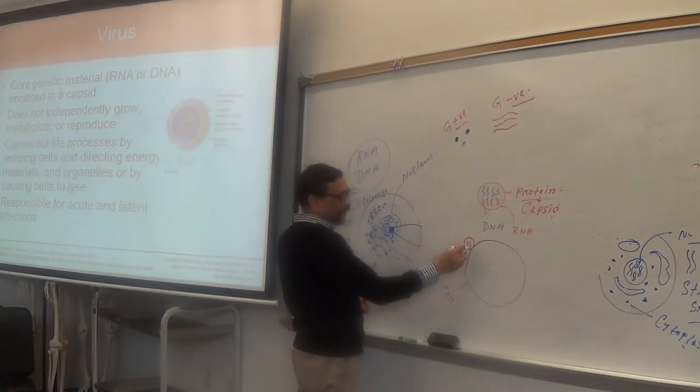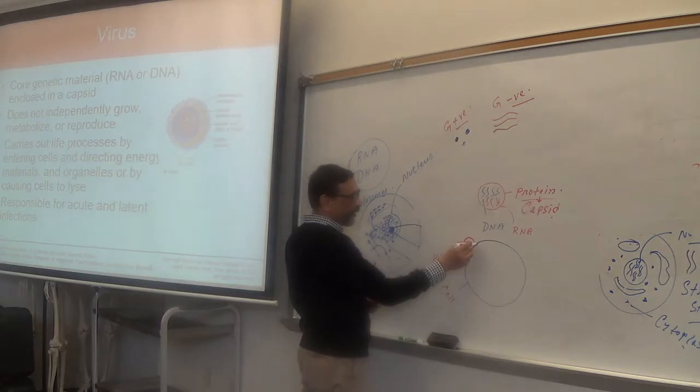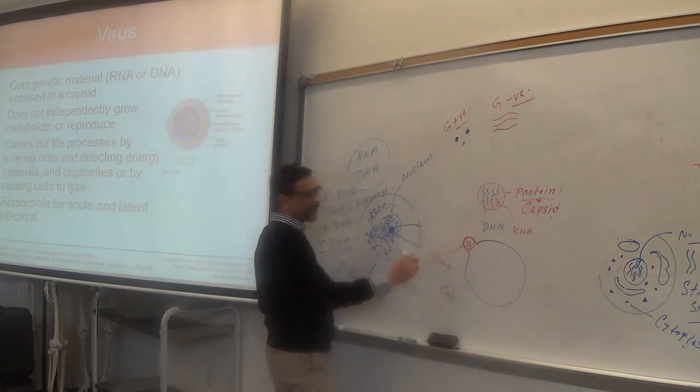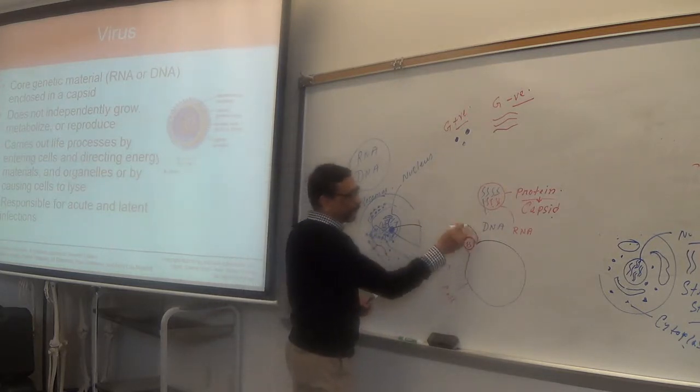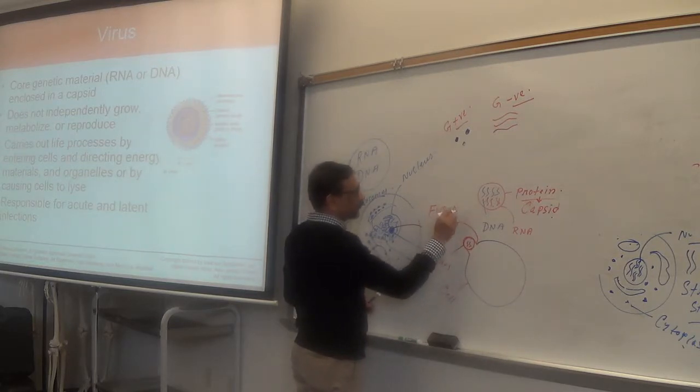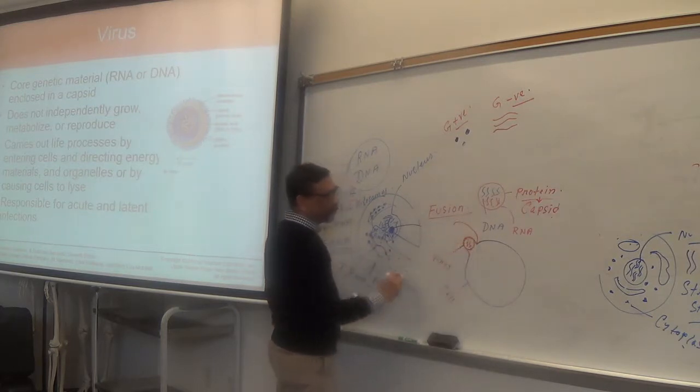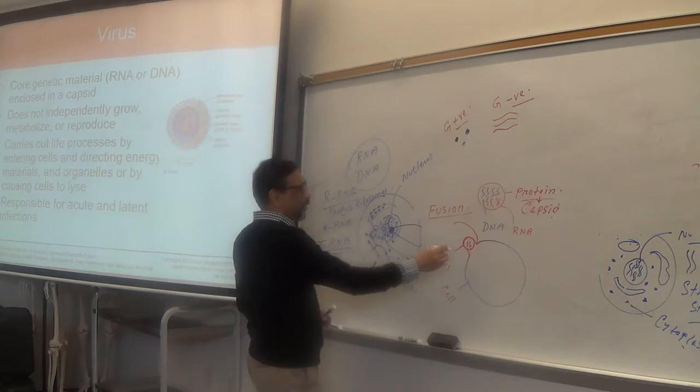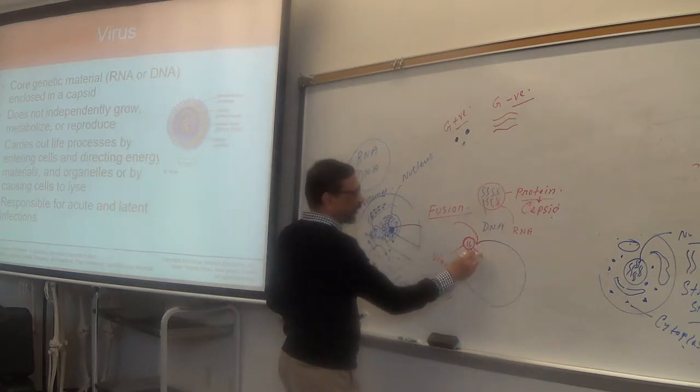And what happens sometimes, the cell membrane of this cell and the cell membrane of this virus fuse together and it enters into the cell. So, fusion, or we can say fusing of these two cell membranes. That's how some viruses enter into the cell.